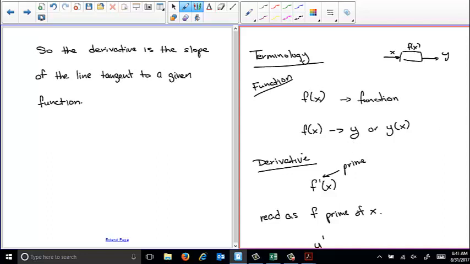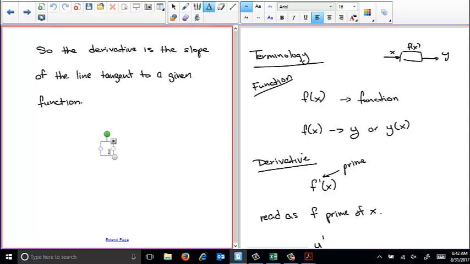When it comes to derivatives, to show that we've taken the derivative of a function, we take f of x and we put a prime right here. So that's not a 1. It's like a single quotation mark. If I were printing it, I would say f, and then I would put a single mark like that.